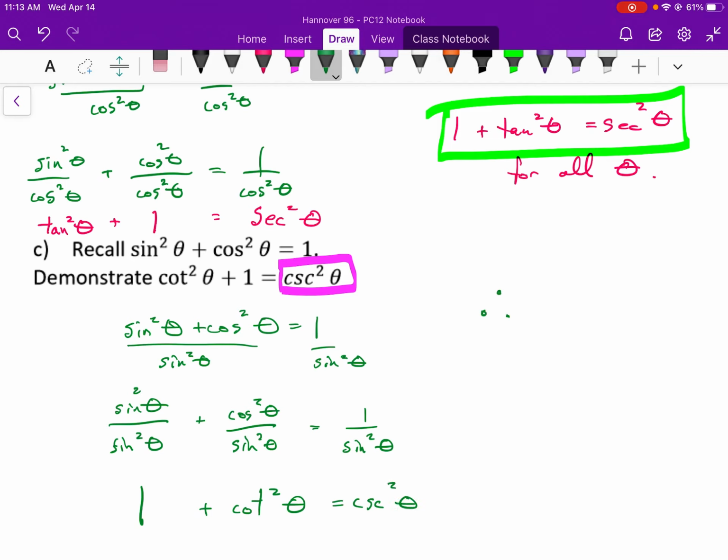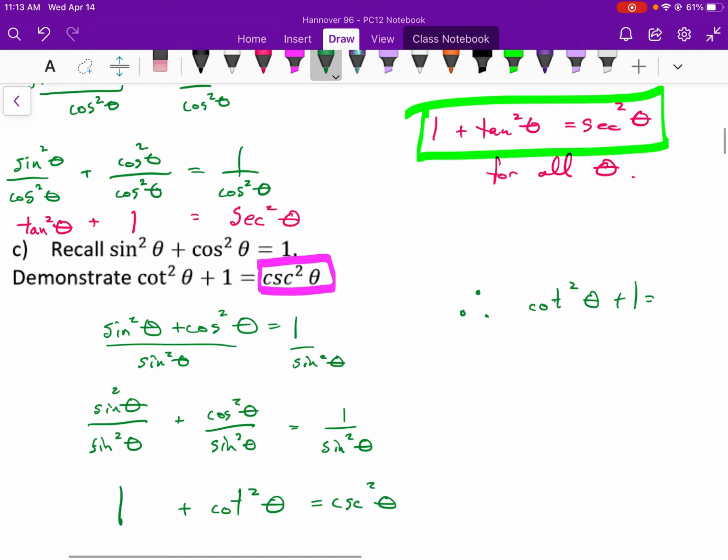Therefore, cotangent squared theta plus 1 is equal to cosecant squared theta.